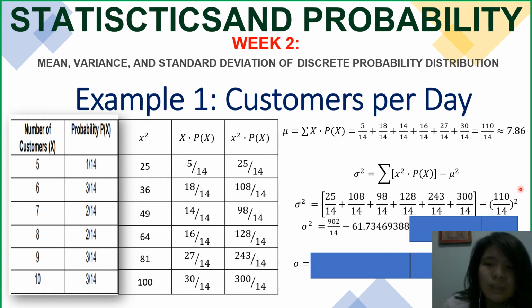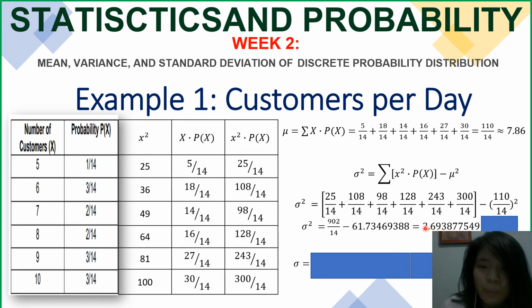So, 110 over 14 squared, that is equal to 61.7346938. So, when you subtract this, you will get 2.693877549. It's not the right way to read this number, but to make it simpler na lang, that's why I read it like that.